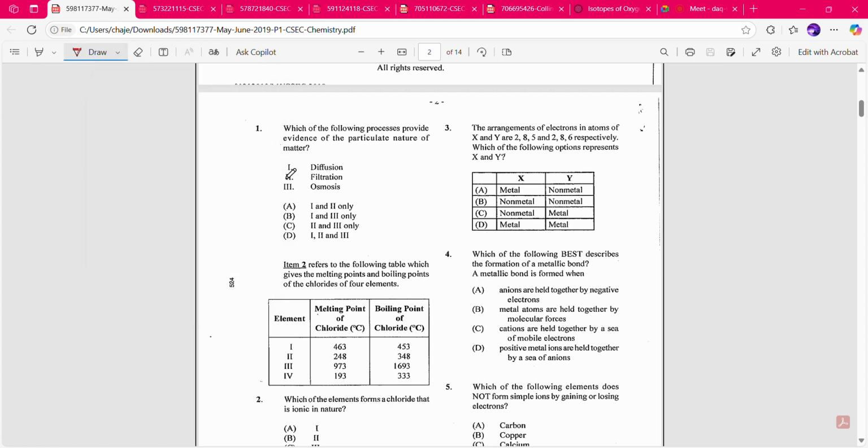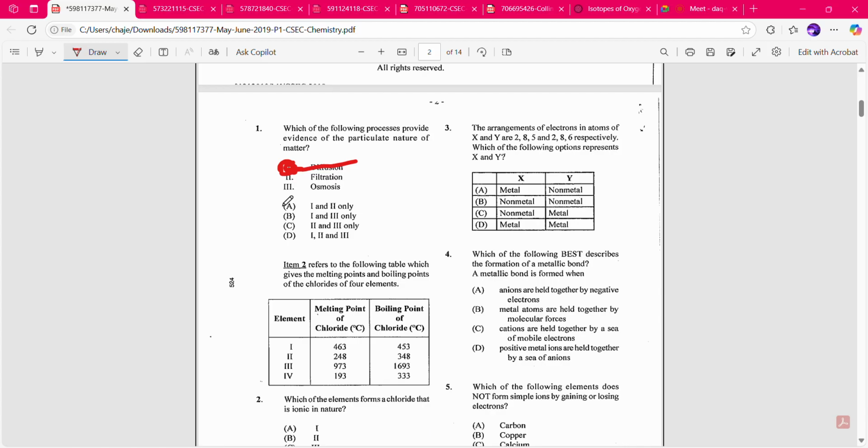Yes, diffusion and osmosis. So it's I and II.